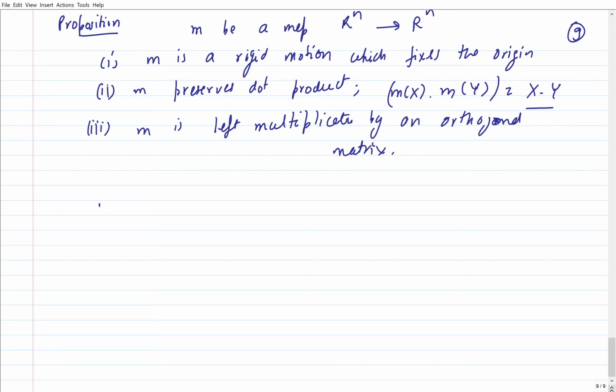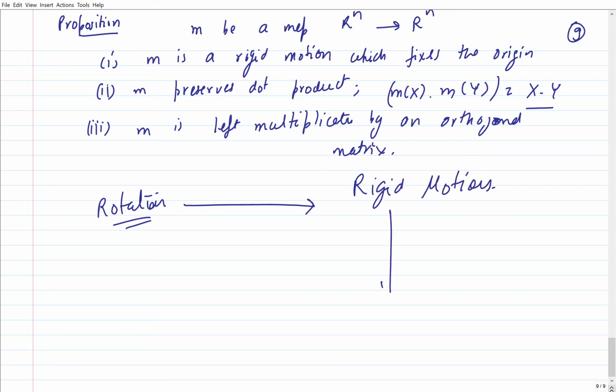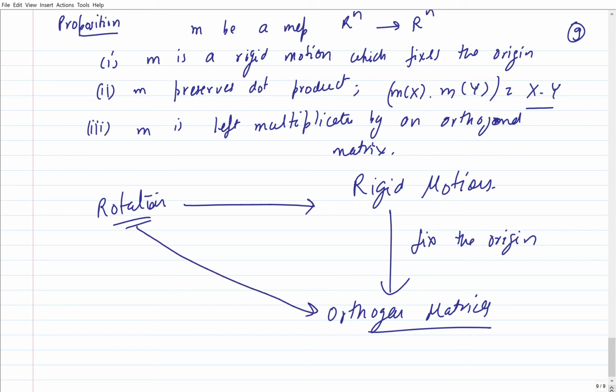We have rotations, which we said were a subset of rigid motions. Rigid motions that fix the origin are described by orthogonal matrices, and we had a connection between orthogonal matrices and rotation. So that is the logical flow.